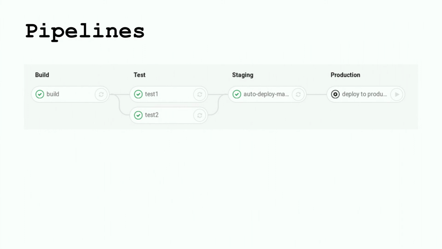So each task you include in CI is called a job, and more than one job makes a pipeline. You get to define what order they go in, what they depend on, whether they can be sequential or parallel, and then you can also say fail conditions. So in this case, it's currently working on the production step. Build succeeded, tests succeeded, staging succeeded.